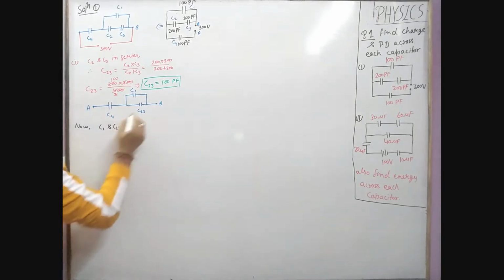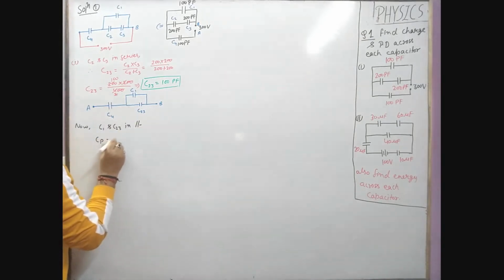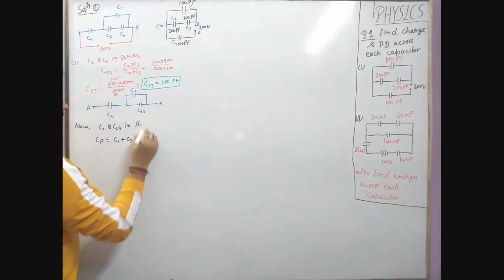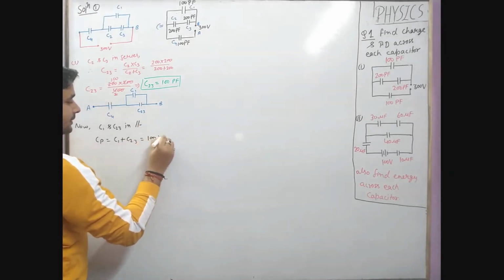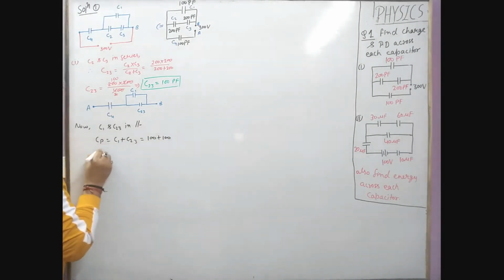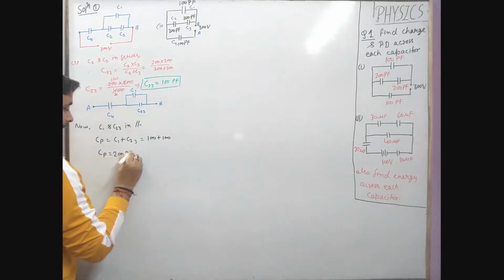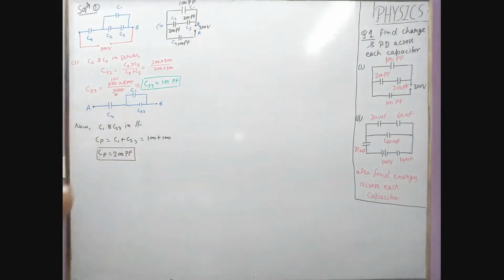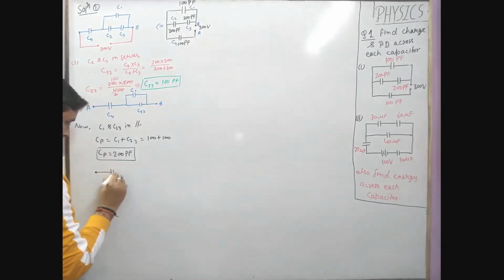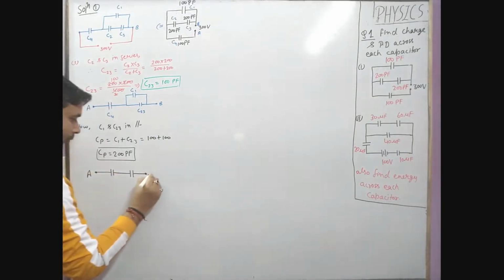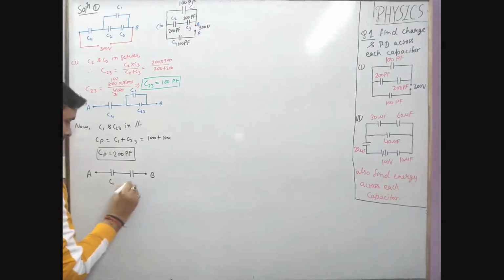Therefore Cp is equal to C1 plus C23, which is 100 plus 100, that is Cp is equal to 200 picofarad. Okay, now this circuit is reduced to C1 and Cp from point A to point B.